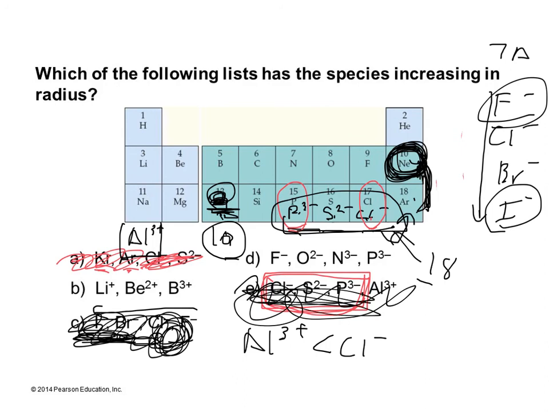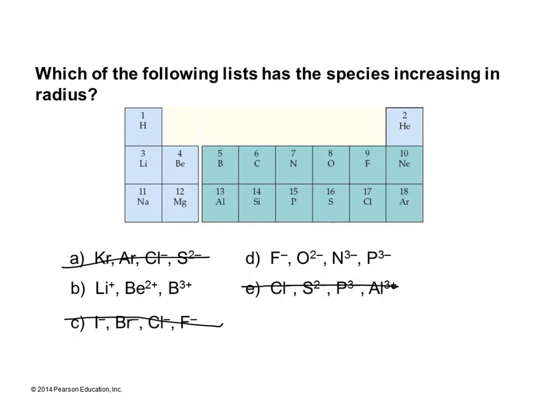And my crossing out's gotten kind of messy here. All right, now let's look at our lithium, beryllium, boron. Boron minus 3 electrons, 1, 2, 3, means it would have the same electron configuration as helium. Beryllium minus 2 electrons would have the same electron configuration as helium, and so would lithium.